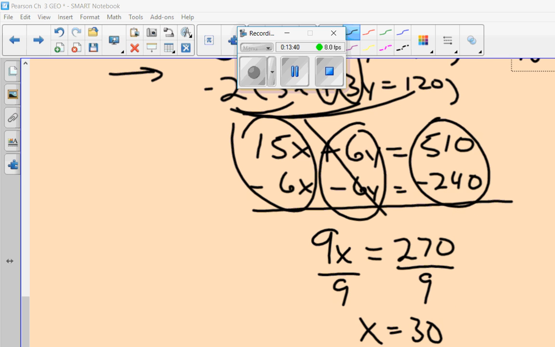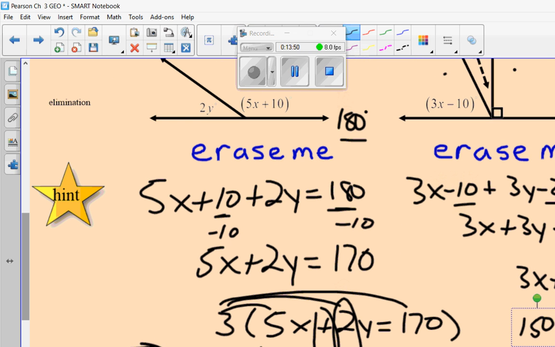Okay. So once we get a value for x, we're solving for both x and y. So I need to go back to the original equations, either here or here. And this is another nice thing about systems, in this case elimination, you get some control. Would I rather plug the 30 for x into the equation on the left, or into the equation on the right?